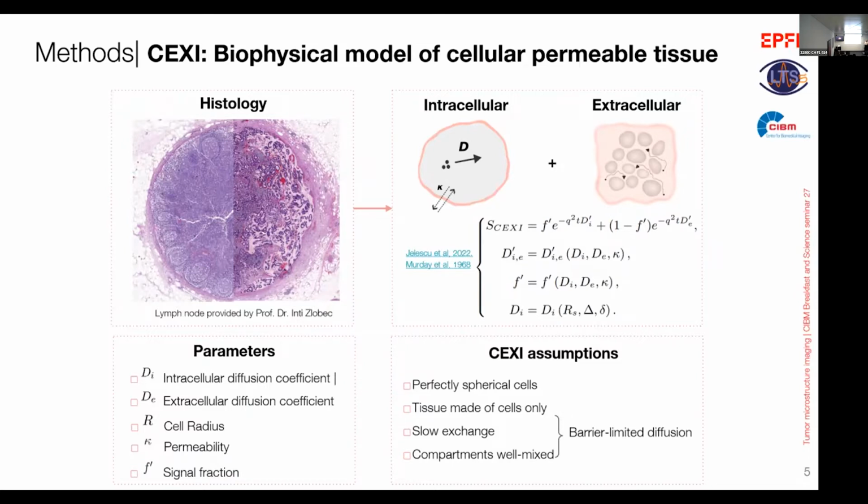And from a diffusion point of view, we have two assumptions. The first one is that we have slow exchange across the membrane, which means that the membranes are permeable, but not that much, so water will have time to move inside the cells before crossing the membrane. The other assumption is that the compartments are well mixed, which means in this case that water molecules will cross the entire cell before going out of the cell.